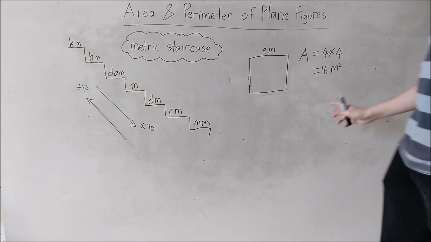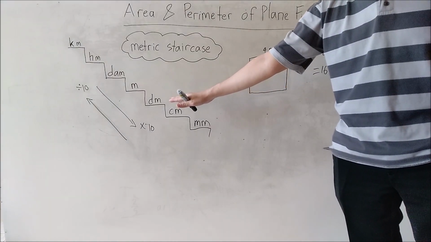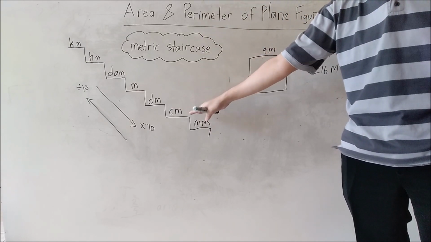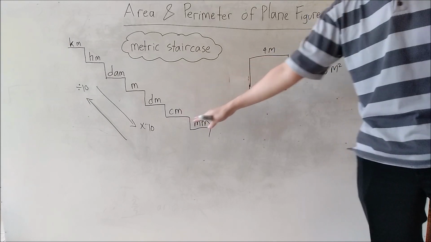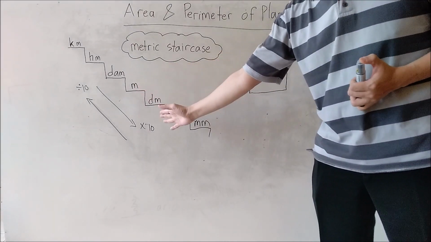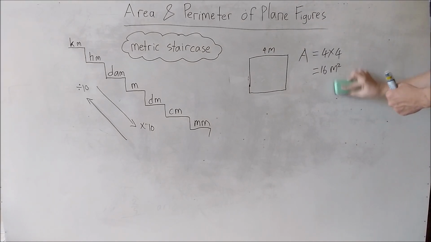This means that you cannot use the usual staircase method or the usual rules that you apply in the usual metric staircase. This 16 meter square is not equal to 160 decimeter square. You might argue that it is only one stair down. Why is it wrong? Let me show you why.